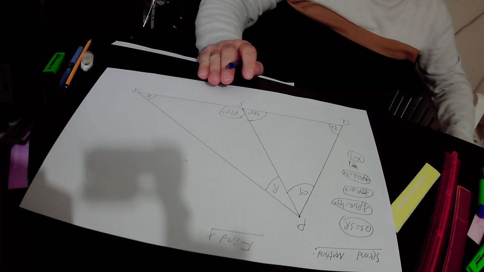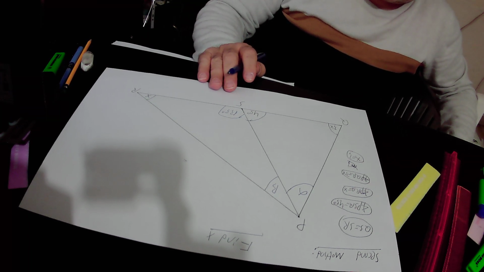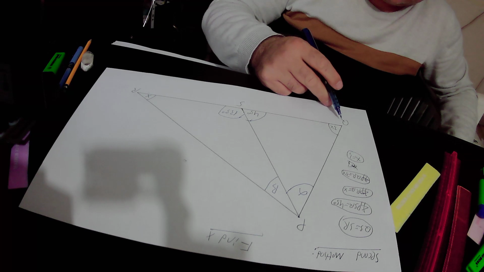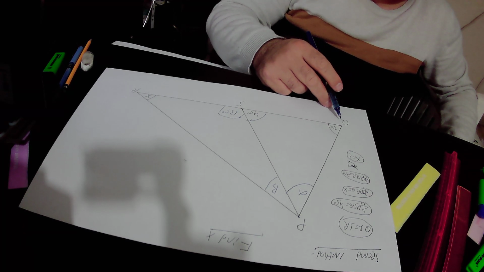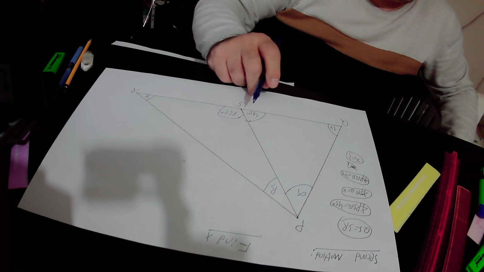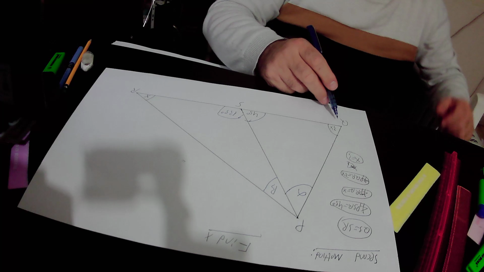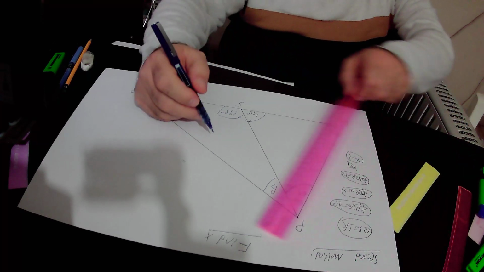Here we will do a construction. We will draw a straight line from point Q to side PR in such a way that this angle will be equal to x.